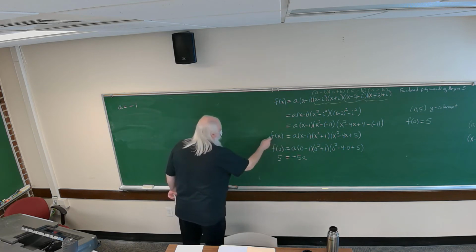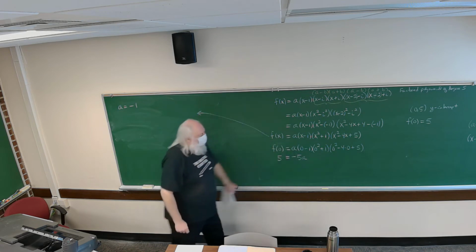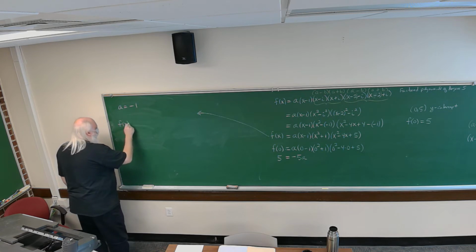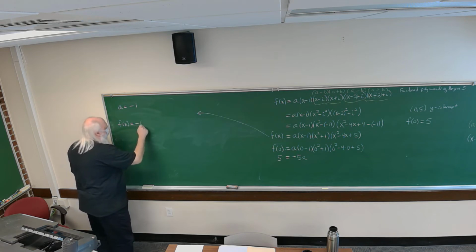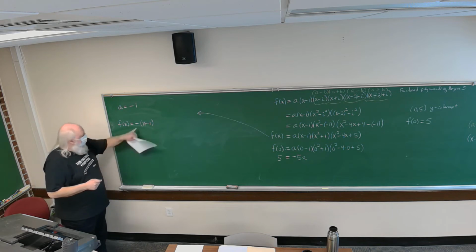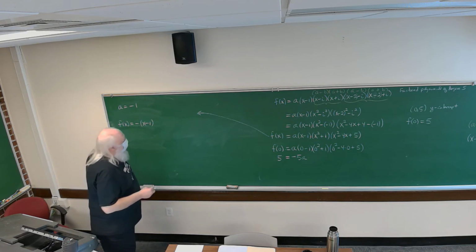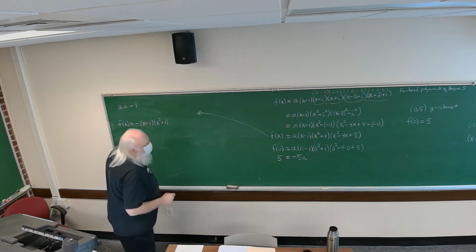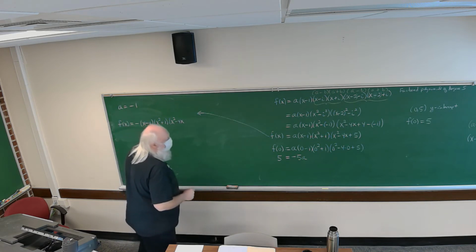So now I can put in negative 1 for a here on the right hand side. And our factored polynomial is f of x is equal to negative 1 times x minus 1, which we don't write out the negative 1, we just use the minus sign, right? That's an invisible minus 1 there. So the negative of x minus 1 times x squared plus 1 times x squared minus 4x plus 5.